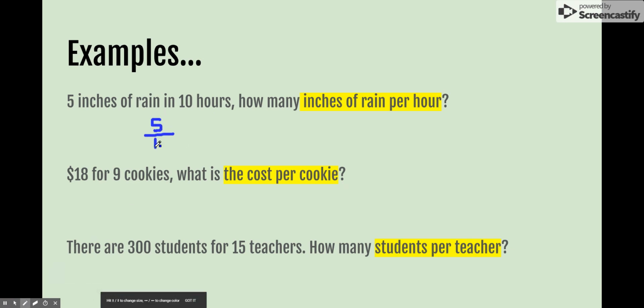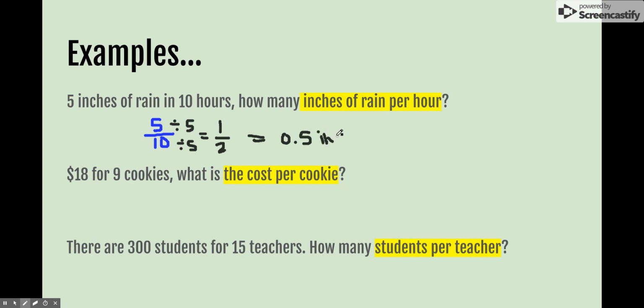Remember earlier I said you can simplify these ratios and unit rates. 5 divided by 10 is really 1/2, right? You can think about this as 1/2. So really, I'm getting 1 inch of rain every 2 hours, or if I simplify this down even more, I'm getting 1/2 of an inch of rain in 1 hour, per hour. There we go.